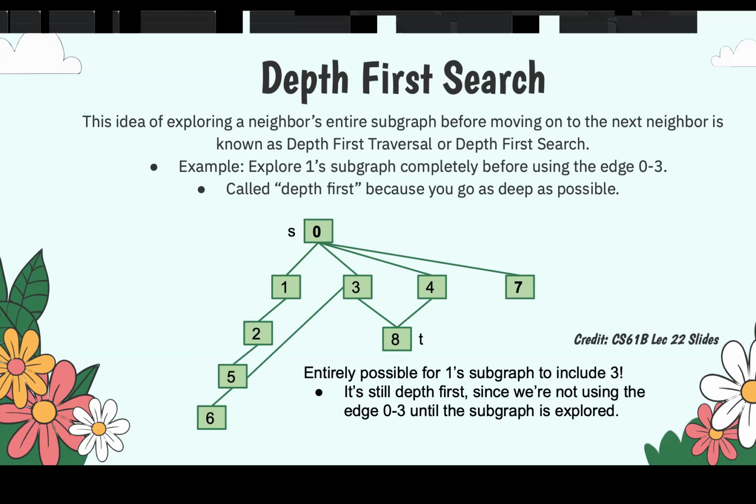DFS is a recursive algorithm, meaning that we call DFS on each child. If we were exploring 1 first, we would have to explore all the children of 1 before moving on to the next child of 0. So you're going as deep as possible. You would go 0, 1, and then 2, and then 5. And then if you were breaking ties from least to greatest, you could do 3, and then 6.